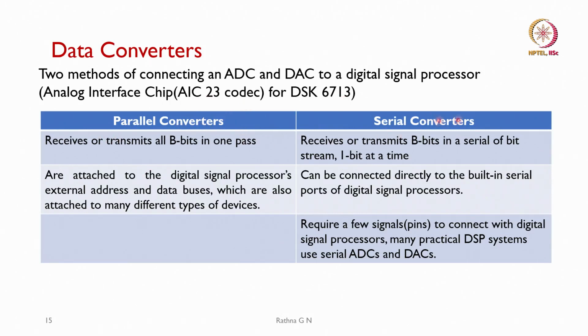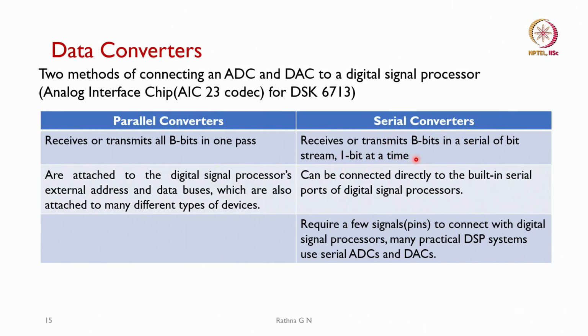Now, when we want to do the data conversion, I can have either parallel converters or serial converters. We will see the advantages and disadvantages of both. Parallel converters, we know, receive or transmit all B bits in one pass. Whatever data I have considered, it will take all the 8 bits at a time if it is an 8 bit converter, and then output all 8 bits. Whereas in the serial case, it receives or transmits the B bits as a serial bit stream, that is 1 bit at a time.